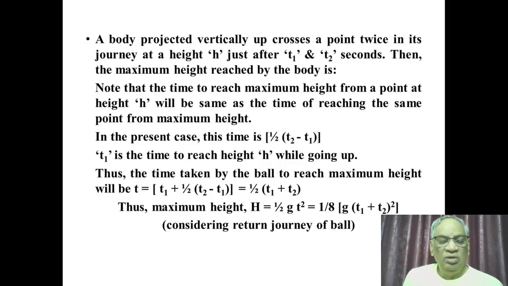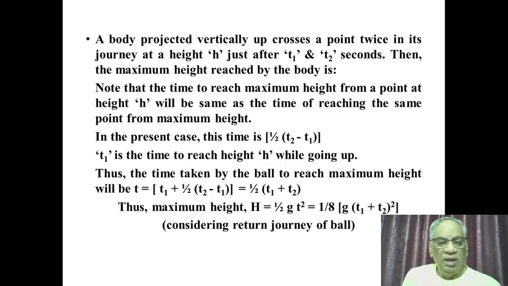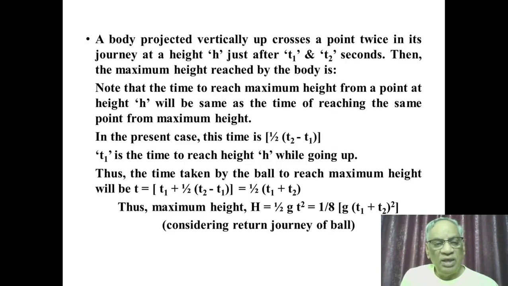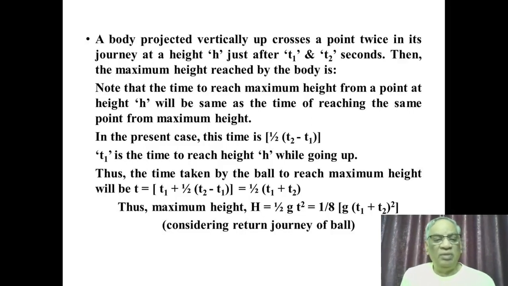T2 is the time for the body to reach the maximum height and then come back to the same height again. So t2 minus t1 is the time difference. t2 is the time the body is seen the second time, t1 is the time the body is seen the first time. So t2 minus t1 is the time taken for the body to reach the height above the observation point and then return back to the observation point. So half of that will be the time of ascent or time of descent.